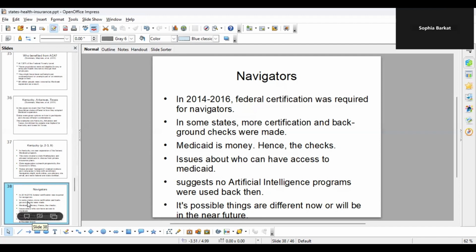So all of these suggest that people were involved in navigating. And this was not an AI-led program, probably because we didn't have AI at the level that we have today. It's possible that things will change in the future, right? We'll have more AI and fewer people.